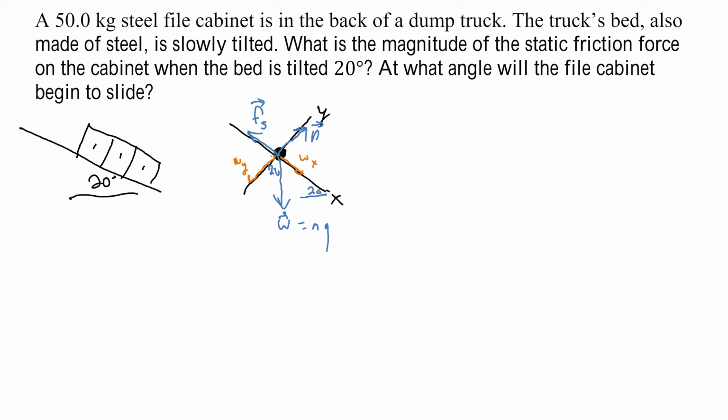What do we know? We know the weight of it. In the table that you got earlier, we know the static friction coefficient. So that would be mu sub s in this situation. You said was what? 0.80? Okay, we want that then.